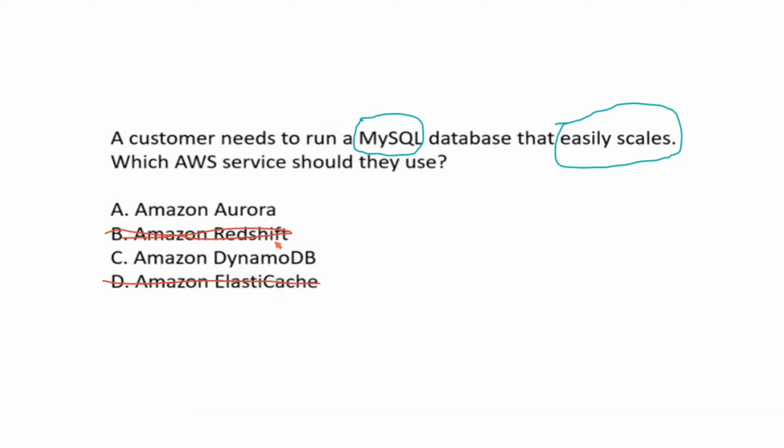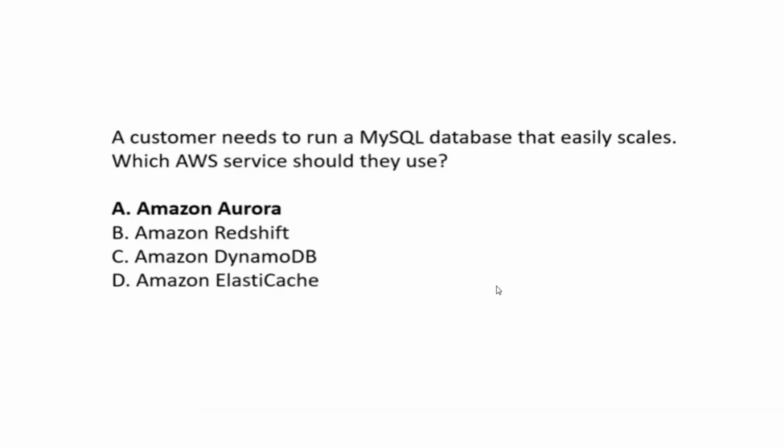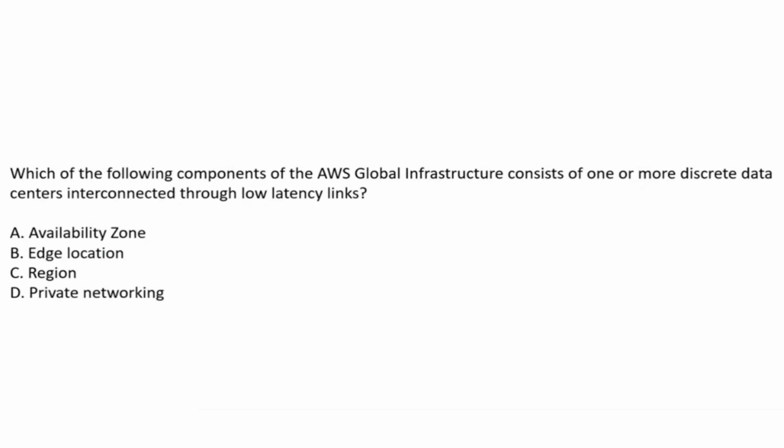Always remember, DynamoDB is related to NoSQL database, and Aurora, Redshift and RDS are related to relational databases. Here we are talking about a MySQL database, so DynamoDB is also eliminated because it is a NoSQL database. In this case, the best fit is option A, that is Amazon Aurora. So let us now move to our fourth question.